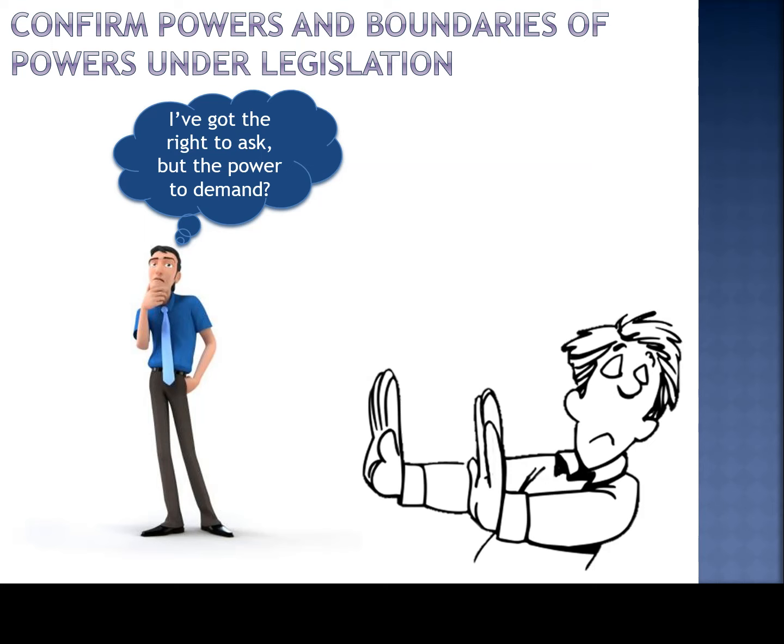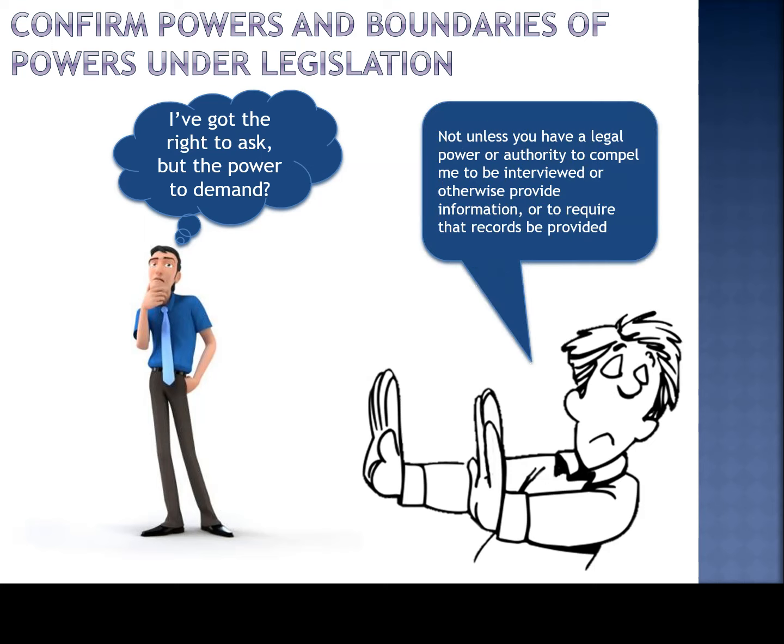So we need to understand where that scope lies in relation to each of the powers that we use, and those boundaries can differ from one power to the next and from one piece of legislation to the next. But there are some very common ones that we'll cover or look at in this unit.